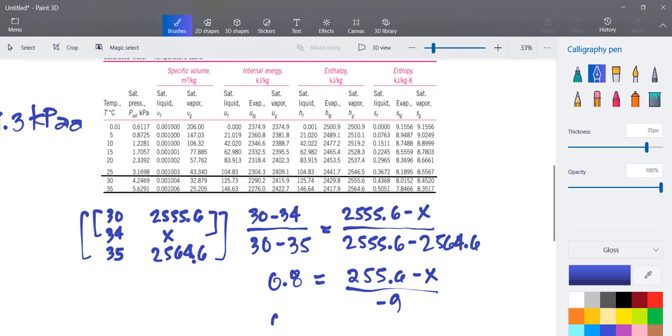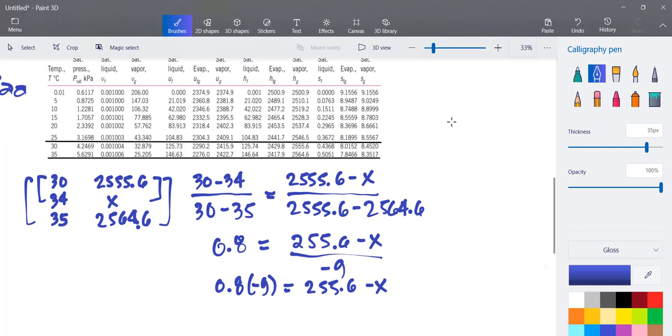So transpose the 0.8 multiplied by -9, that will be equal to 5.6 minus the x.